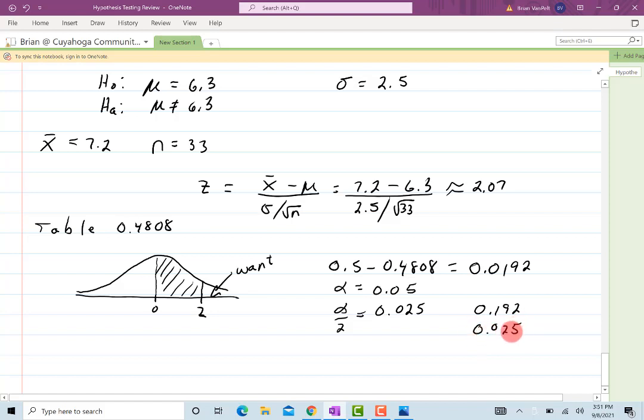It looks to me like, if I get my decimals correct, I could actually do a good comparison. We see that the bottom number is bigger. So we see this was alpha over 2, and that is p. So we see that p is less than alpha over 2. So we reject H naught.